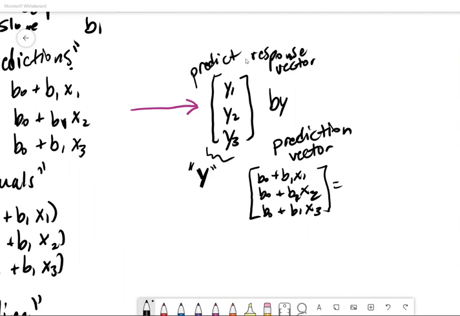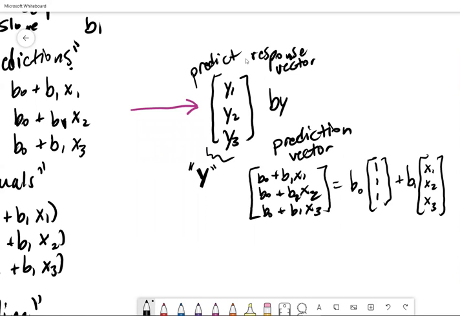What if I write it like this? B0 times 1, 1, 1 plus B1 times x1, x2, x3. That's another way of expressing our prediction vector.